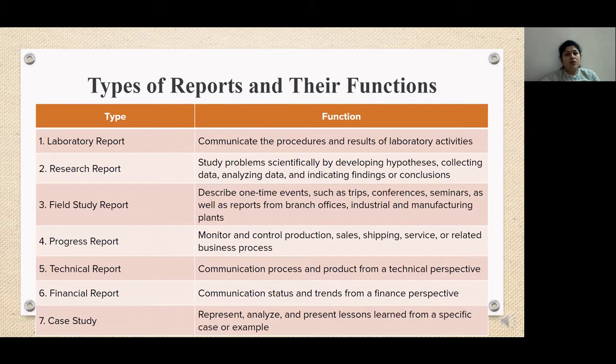There will be a problem, and you are going to study that problem scientifically, step by step, by developing a hypothesis. What is a hypothesis? A hypothesis is a tentative statement, which can be true or which can be false.